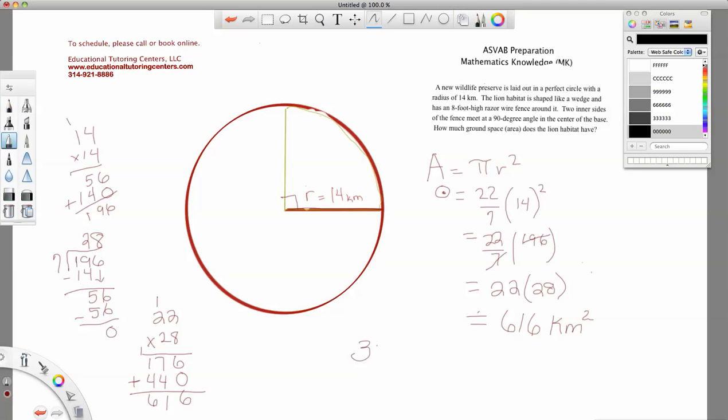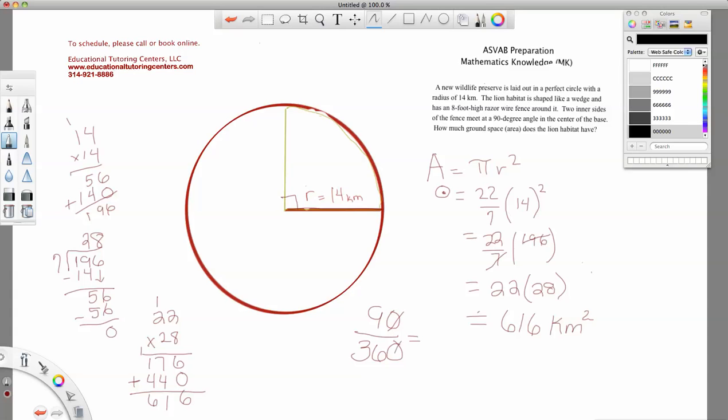Okay, so that's 360 degrees in the circle. And the reason why I'm using degrees is because they told us about this 90-degree angle here. So we want to find out what portion of the entire thing is the habitat. So let's take 90 degrees out of the entire 360 degrees.